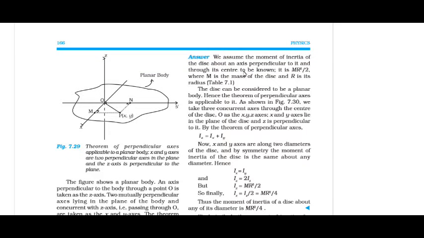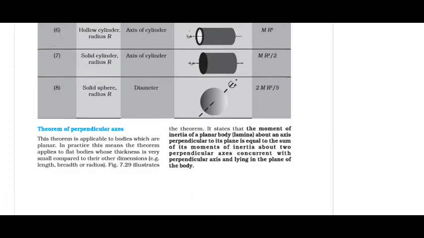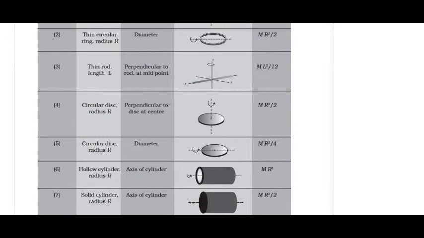We assume the moment of inertia of a disk about an axis perpendicular to it and through its center is known as MR square upon 2, where M is the mass of the disk and R is its radius. This value, from where did we get it? From table 7.1. So now let us see 7.1.